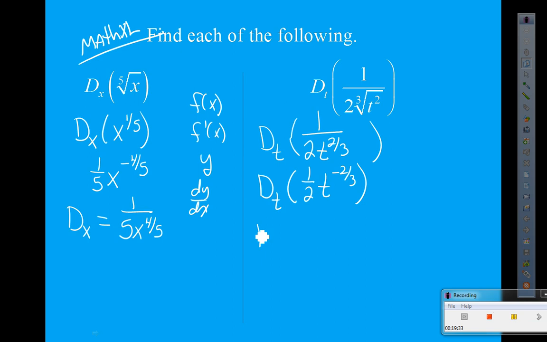So here goes. The derivative with respect to t is, bring down that negative 2/3. 1/2 times negative 2/3 sounds like negative 1/3. Negative 2/3 minus 1 is negative 5/3. So I'm going to just put t to the 5/3 right there. And then we got it.